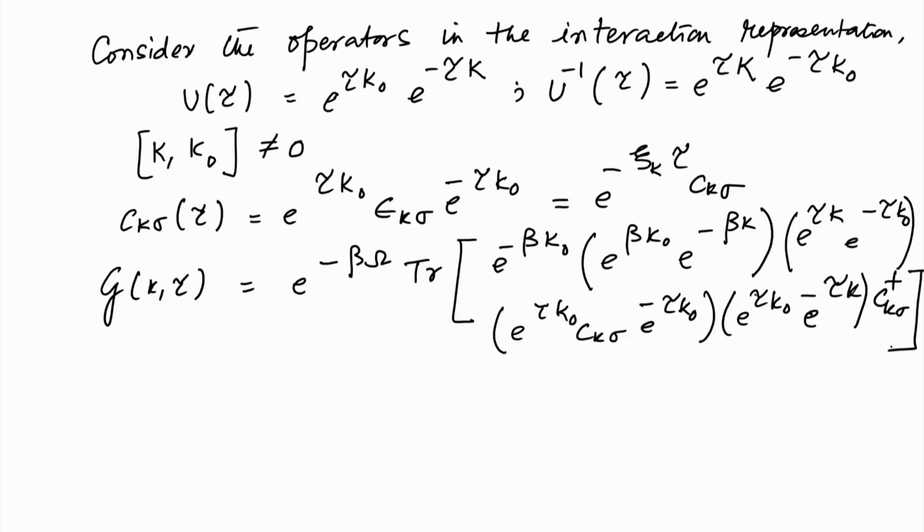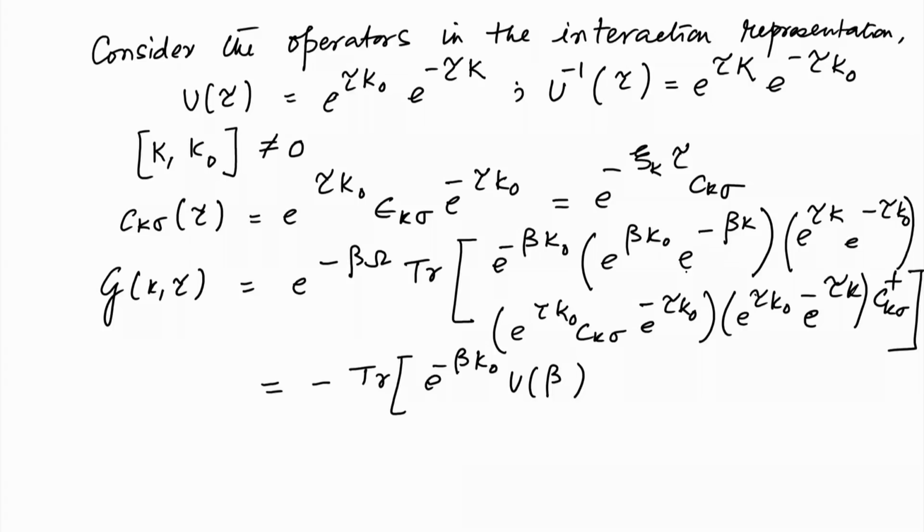That is our Green's function, and this can be written as minus trace of exponential minus beta K 0 U of beta. See the definition of U here, it is exponential tau K 0 and exponential minus tau K.